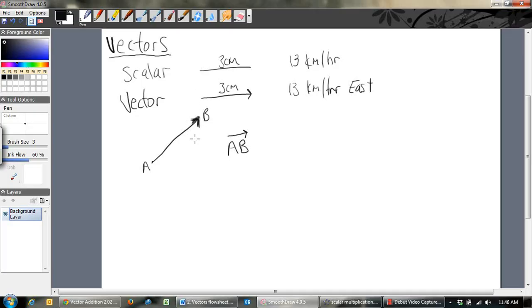The other way to write a vector, and it becomes a bit more common when it gets more complicated, is to call this vector a, so a little a like that, and we call this whole vector a. Here we have a capital A denoting this point, and capital B denotes this point up here, but the small a actually denotes this actual vector.